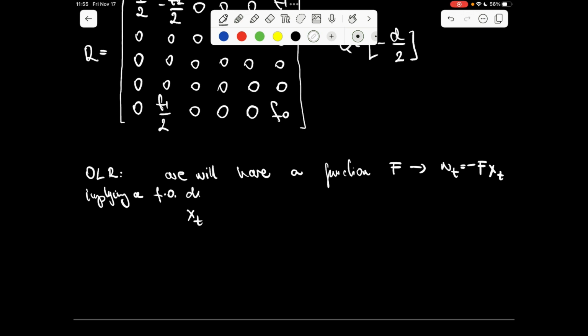First order difference matrix difference equation that describes the dynamics of the state.